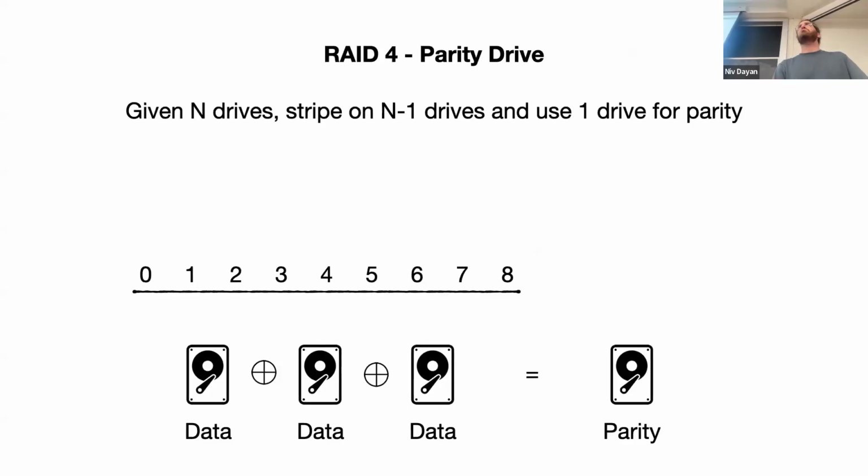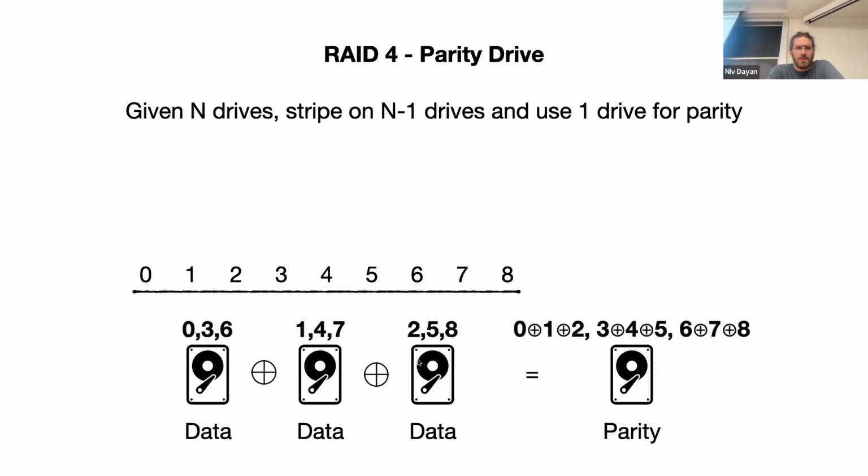So here's what we're going to do. We're going to take data from across the drives. Here's basically what this looks like. Here's our address space from before. We're going to do basic striping across 3 of the drives. You see these 3 drives, they store data.